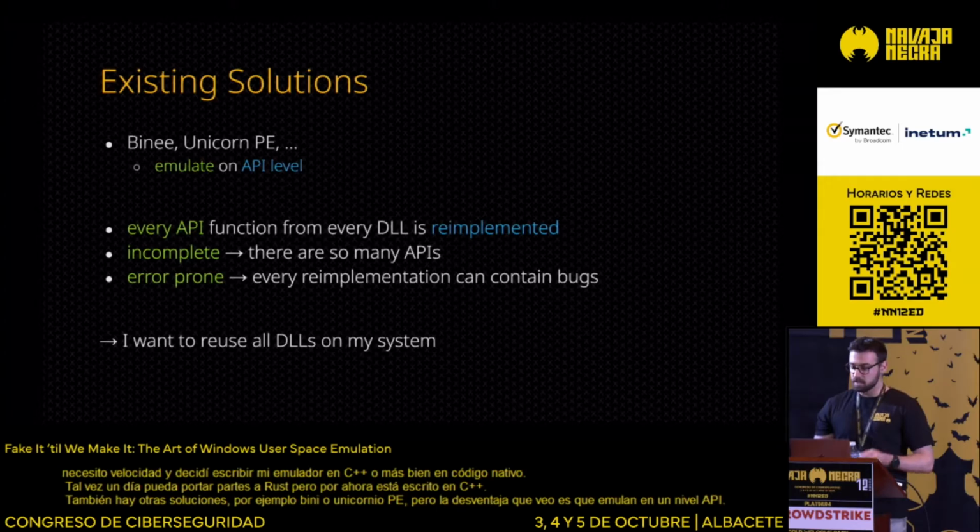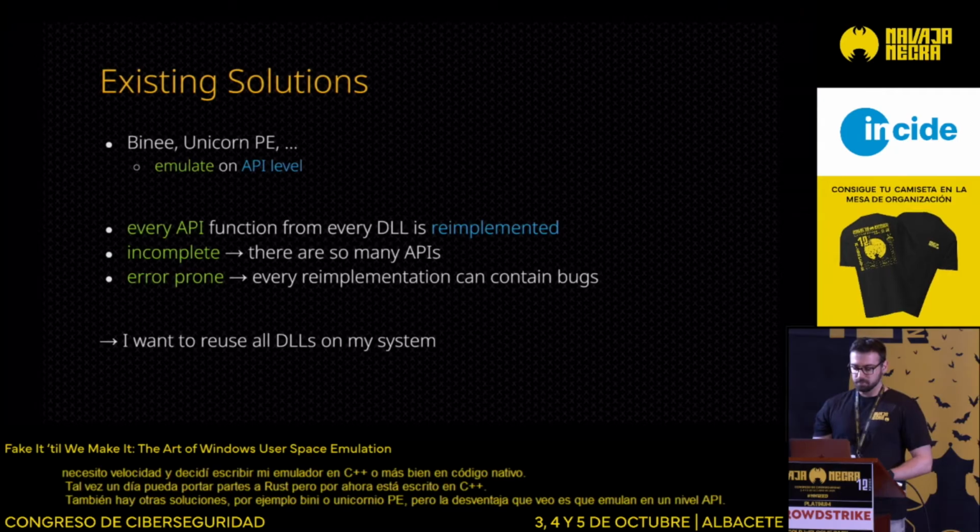And in certain scenarios, this is great. But the result is that those emulators are very incomplete because there are so many APIs, so many DLLs out there, and re-implementing every API call, every DLL, it's so much work that I have not found an emulator that is rather complete. And of course, it's very error-prone.